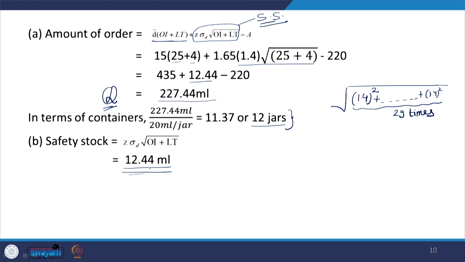So, less than 60% of 1 jar is my safety stock. So, this is the calculation when we are going to order at the fixed interval.